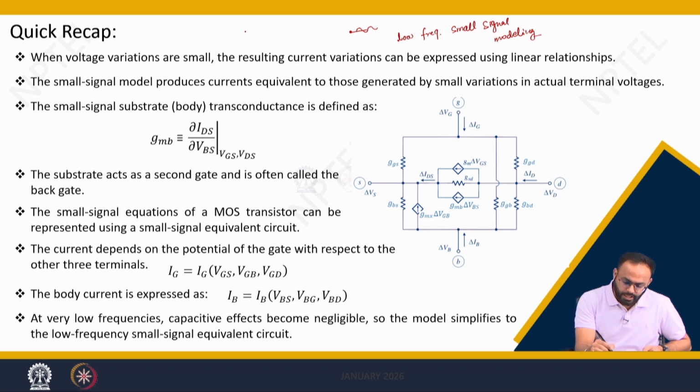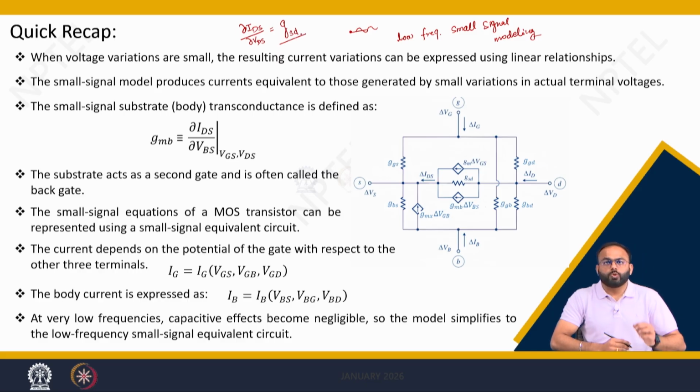We can simply say the change in the current with respect to the change in the voltage can be represented by a circuit element, which is nothing but a conductance. This is only possible when we linearize the system considering the small signal model.